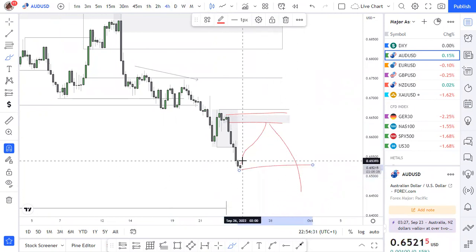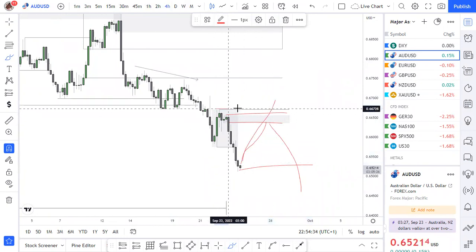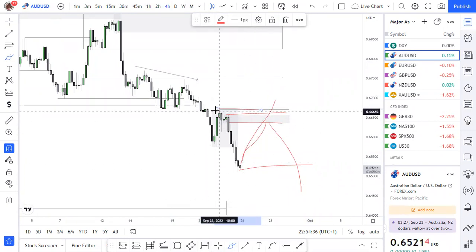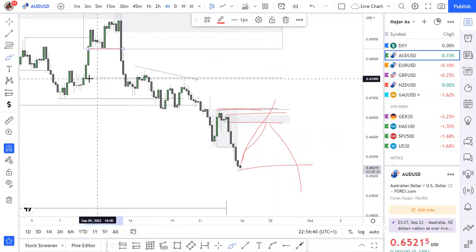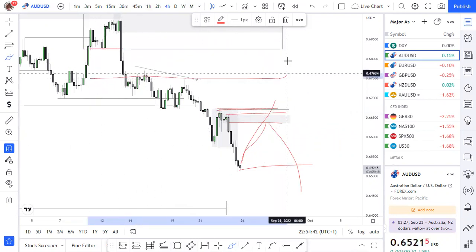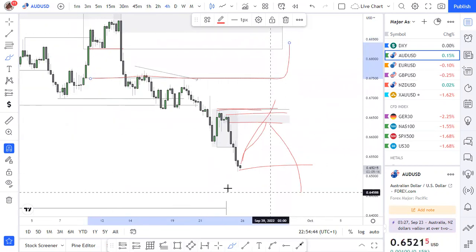But if that doesn't happen, if price decides to break above this high, then we know that the daily time frame is most likely going to pull back into this range. Yeah, so we'll see how that one goes as well.